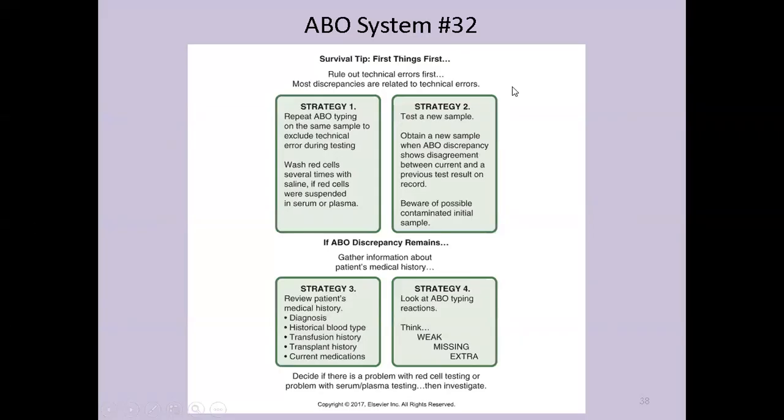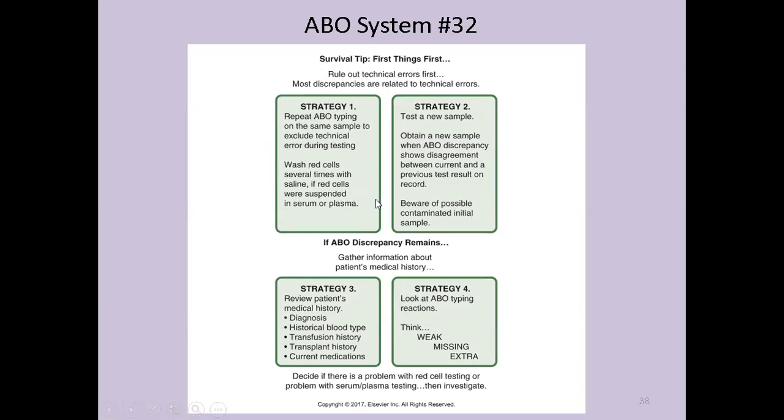Okay. So here's our survival tip for discrepancies. We first want to rule out technical errors because most often we humans are human and it is a technical error. Okay. So strategy 1, repeat ABO typing on the same sample to exclude technical error during testing.